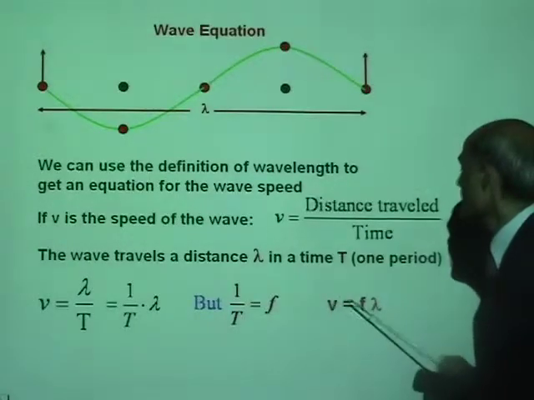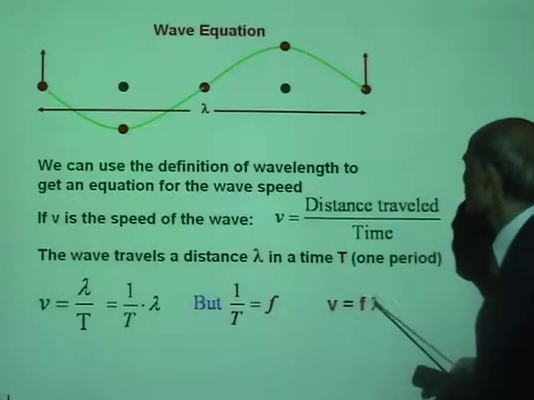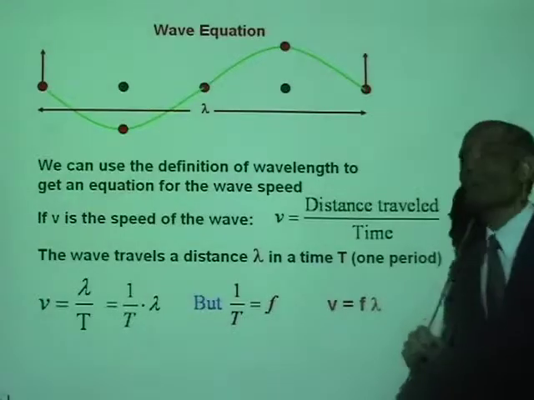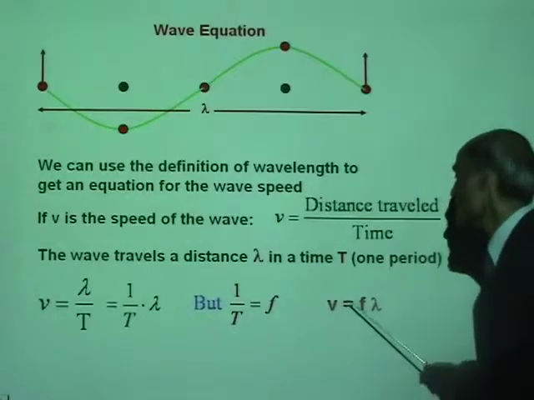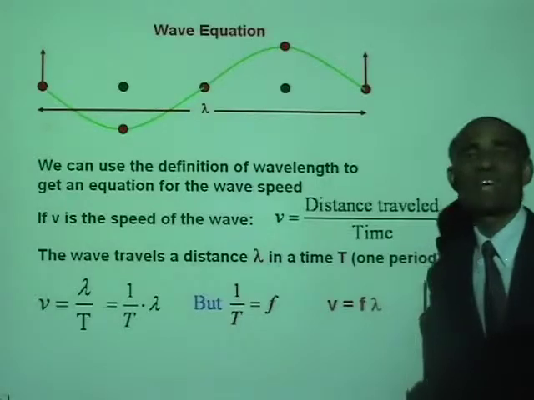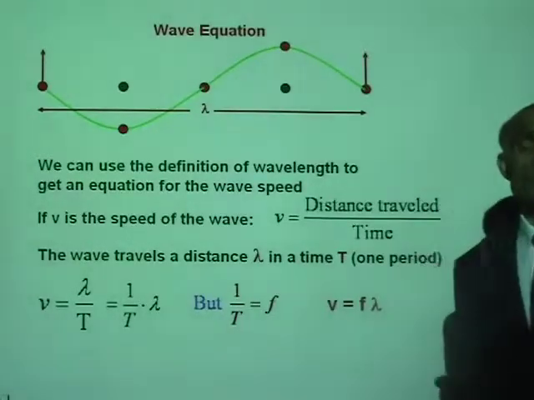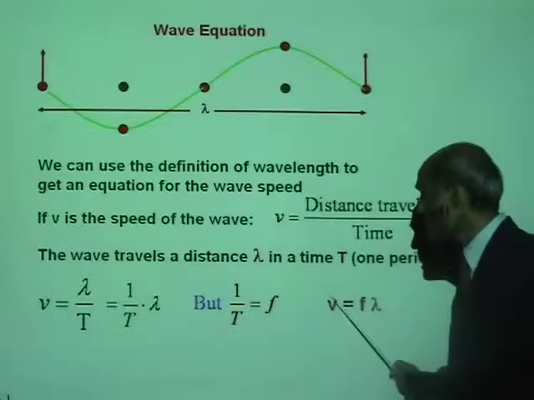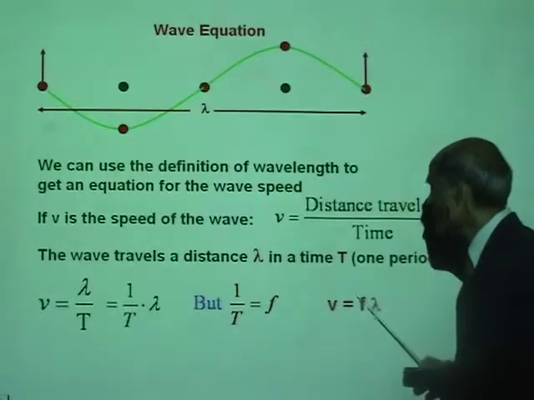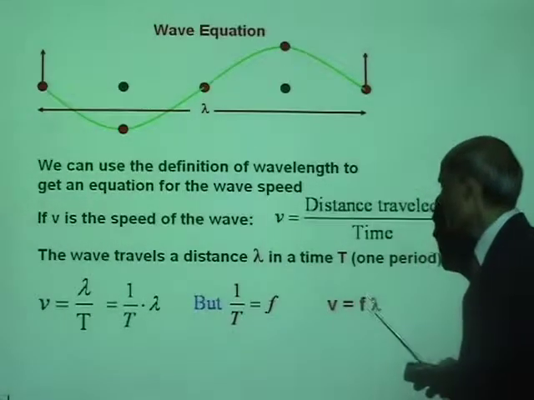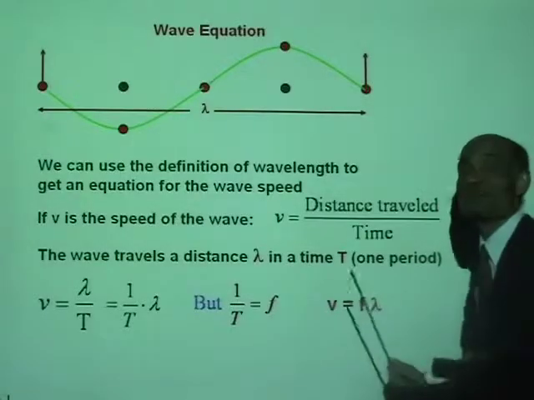Wave speed equals frequency multiplied by wavelength. v equals f lambda, and this is called the wave equation. Don't forget this. Speed of the wave is frequency of the wave multiplied by its wavelength.